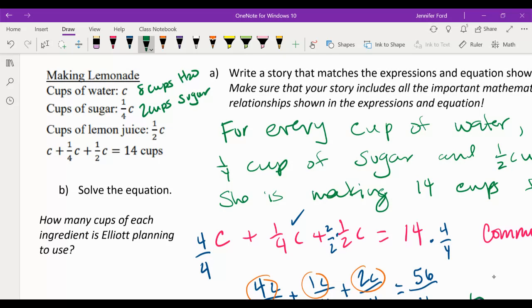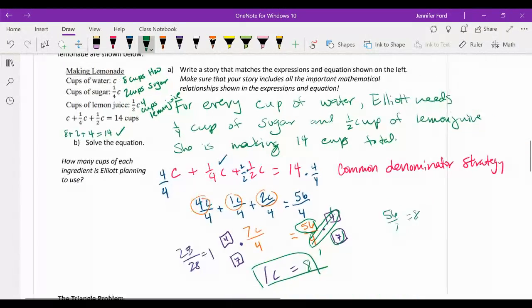And then half of C, half of 8 is 4. 4 cups of lemon juice. And just to double check, 8 cups plus 2 cups plus 4 cups, 8 plus 2 is 10 plus 4 is 14. That really does give me the right amount of juice. All right, how'd you do?